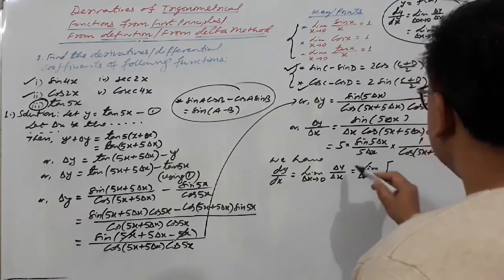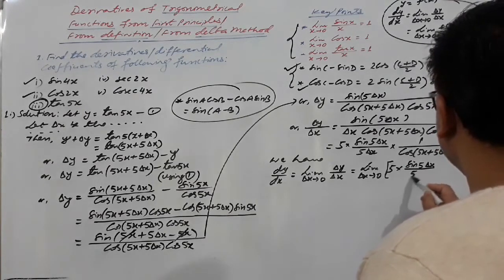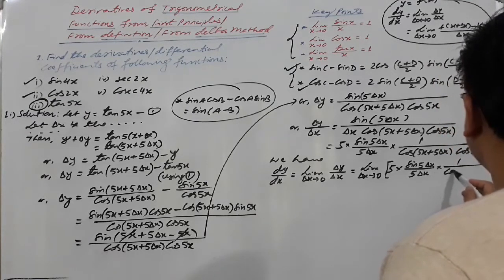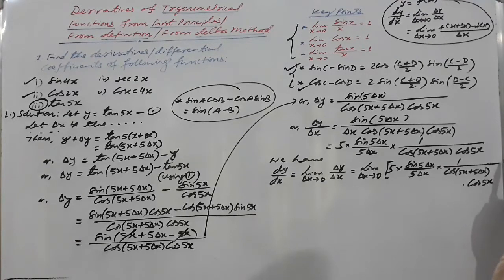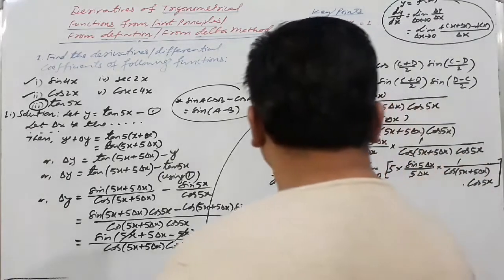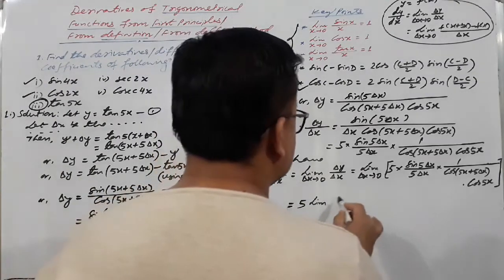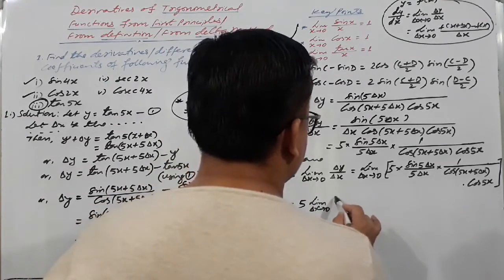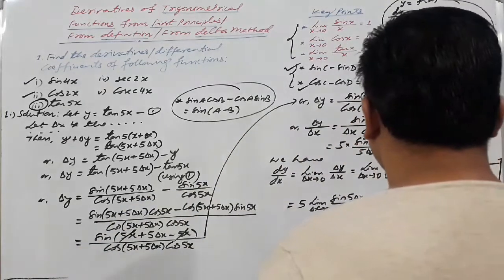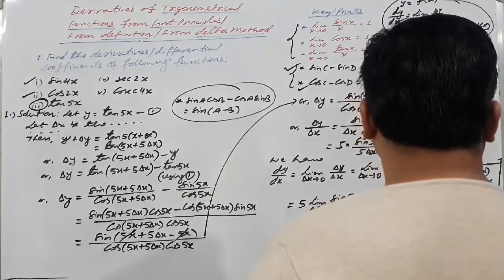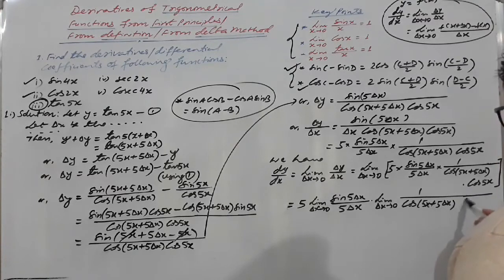Now you can write down the value of delta y by delta x, that is 5 times sine of 5 delta x over 5 delta x times 1 upon cos 5x plus 5 delta x times cos 5x, a lack of space, is equal to, so 5 outside we can write down because of constant, limit as delta x tends to 0 sine of 5 delta x over 5 delta x and into limit delta x tends to 0 1 over cos of 5x plus 5 delta x times cos 5x.